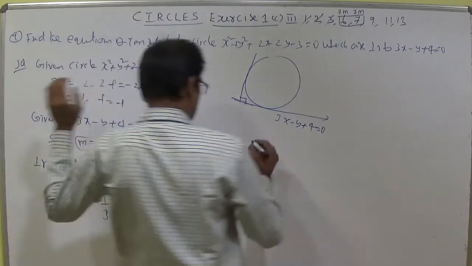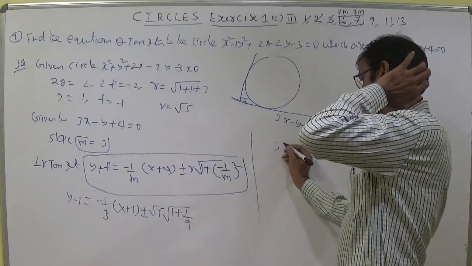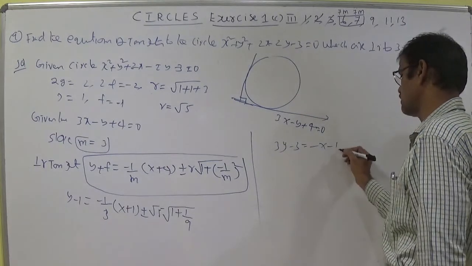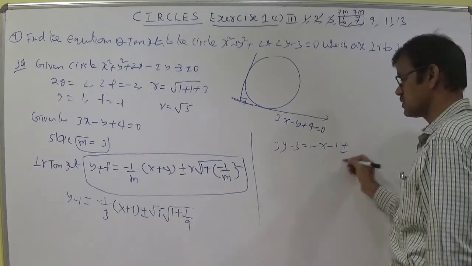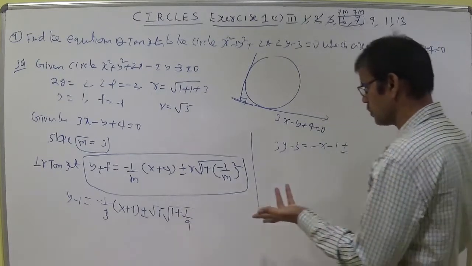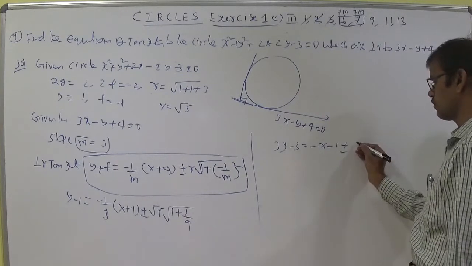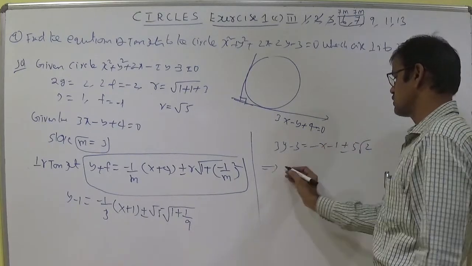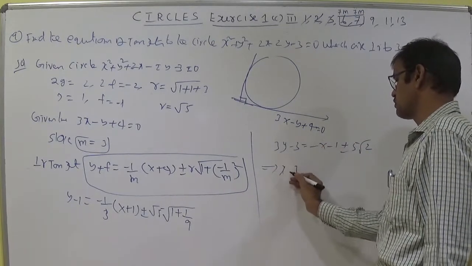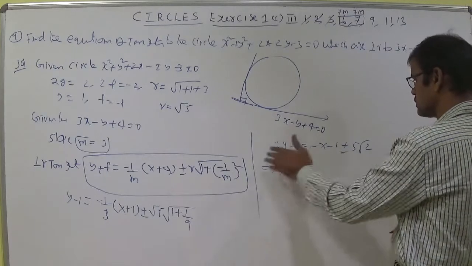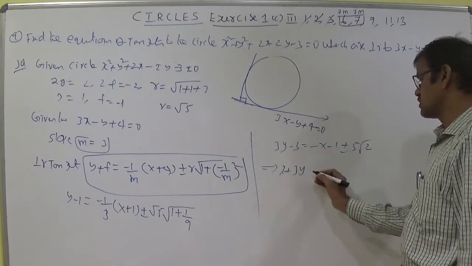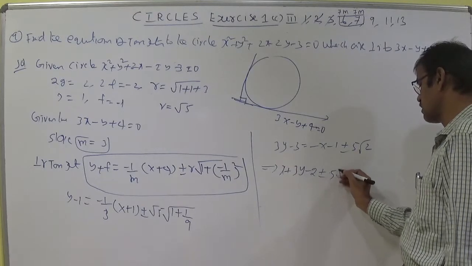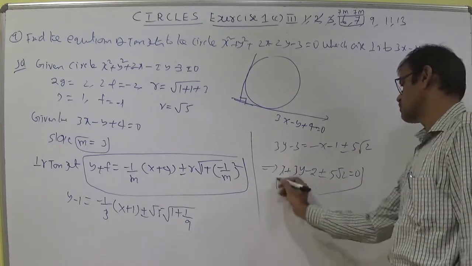Now you can write this one: 3y minus 3 is equal to minus x minus 1 plus or minus, this is 9 plus 1, 10, root 10 into root 5, root 50, which you can write as 5 root 2. Taking this to one side, it becomes x plus 3y minus 3 plus 1, this is minus 2, plus or minus 5 root 2 equal to 0.